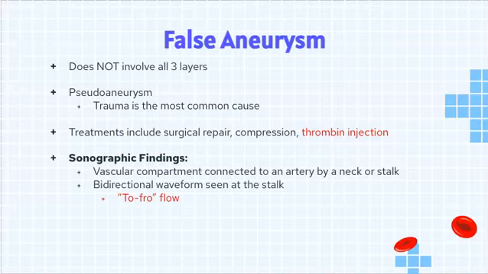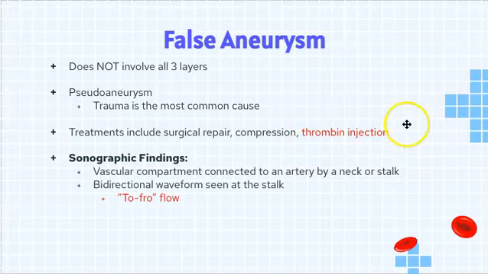Pseudoaneurysms are commonly associated with peripheral arteries, more specifically with angiographic punctures or surgical anastomosis. So think trauma to the vessel, maybe a needle stick, and that's what causes that pseudoaneurysm. Again, trauma is the most common cause. Treatments usually include surgical repair, compression, or thrombin injection.